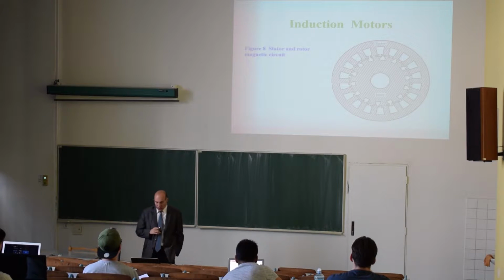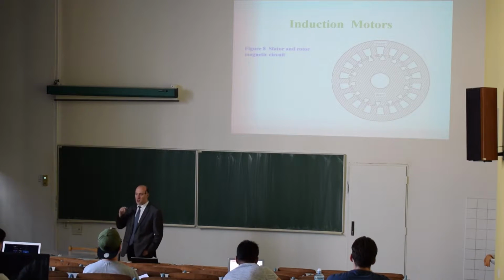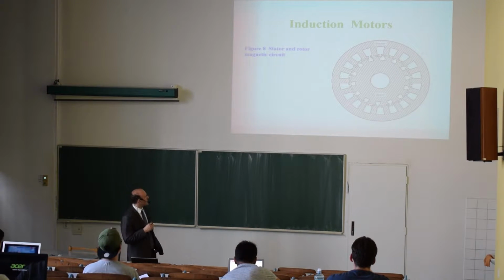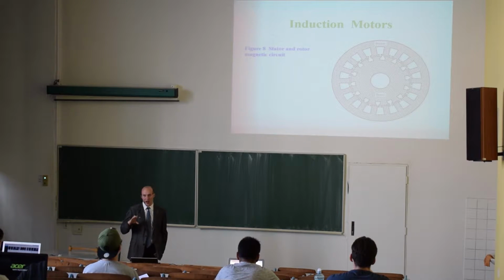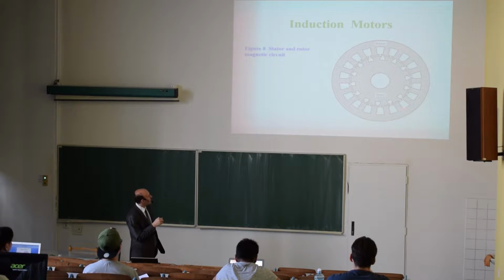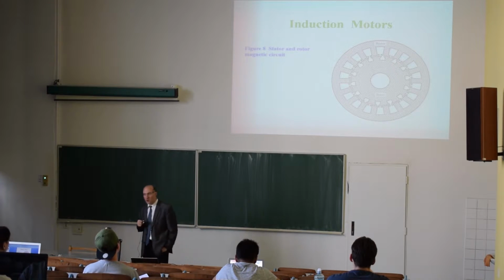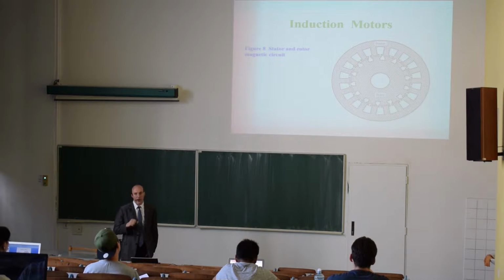So this is one part of the magnetic circuit, and we need a complete magnetic circuit in the motor to provide maximal torque. Here you see the assembled stator and rotor together. Here we have the stator, and here we have the rotor. In the stator we have copper windings, and in the rotor we can have copper winding as well, or we can have aluminum bars that will be in those slots.